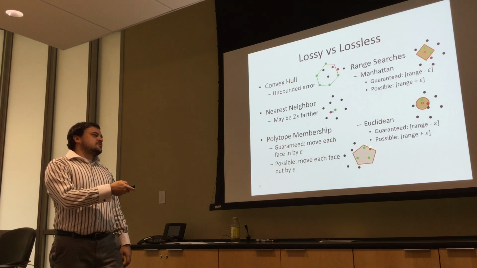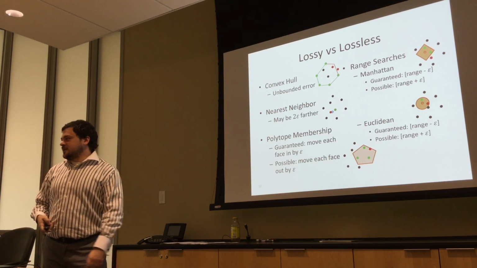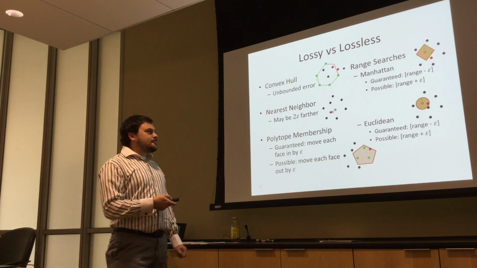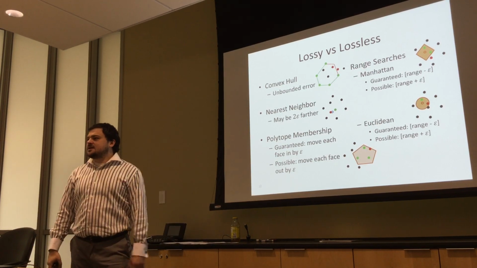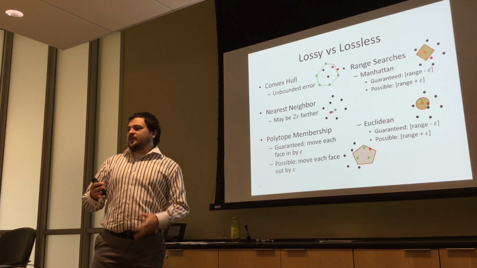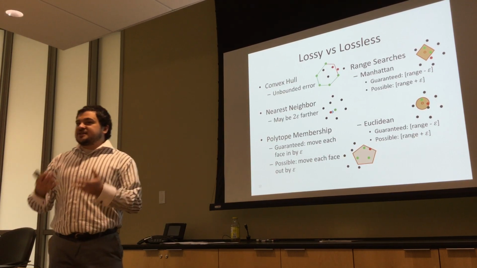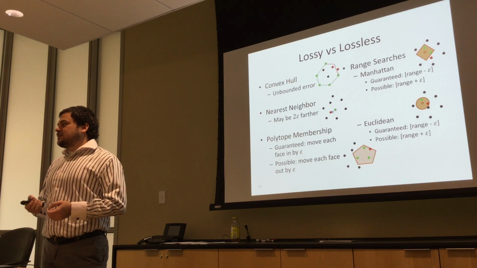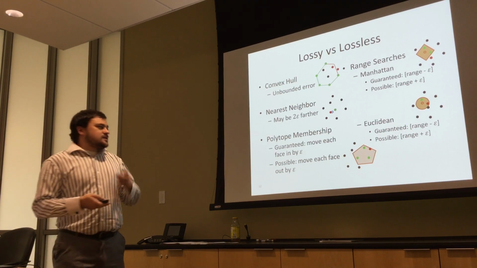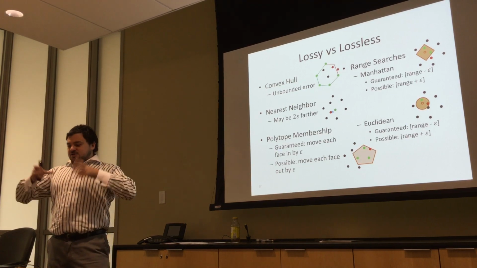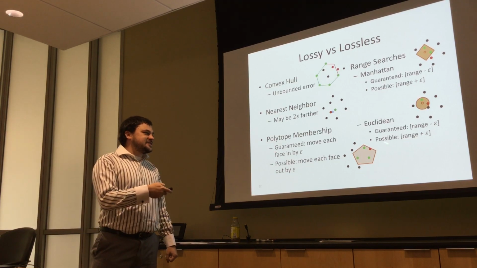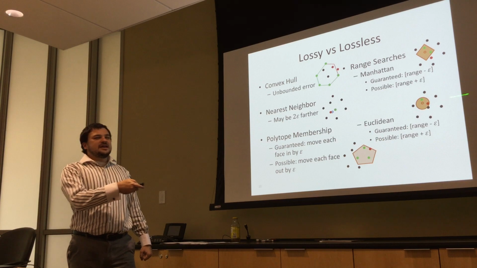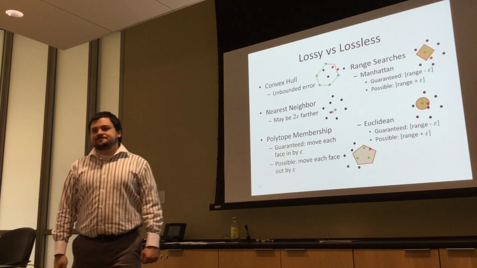For instance, we would move each face of the polytope inward by epsilon, or we would shrink the radius of the range search by epsilon. The second point set is the points where we're not sure, where there's uncertainty whether or not they were actually within the figure. We obtain those by growing the figure by epsilon: expand the polytope outward or increase the radius by epsilon.